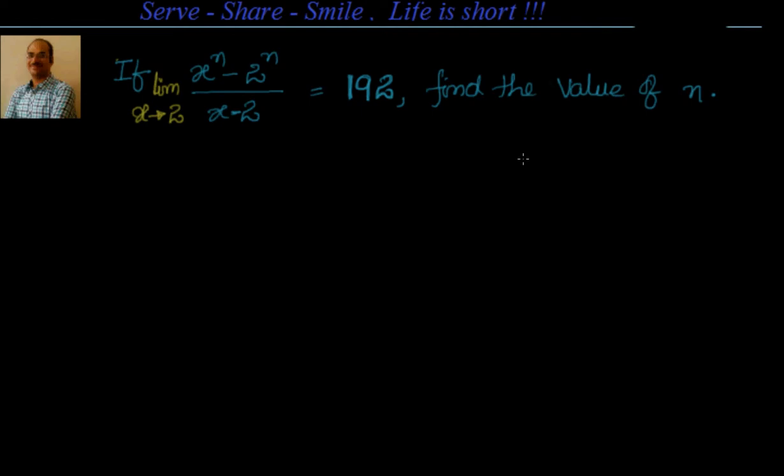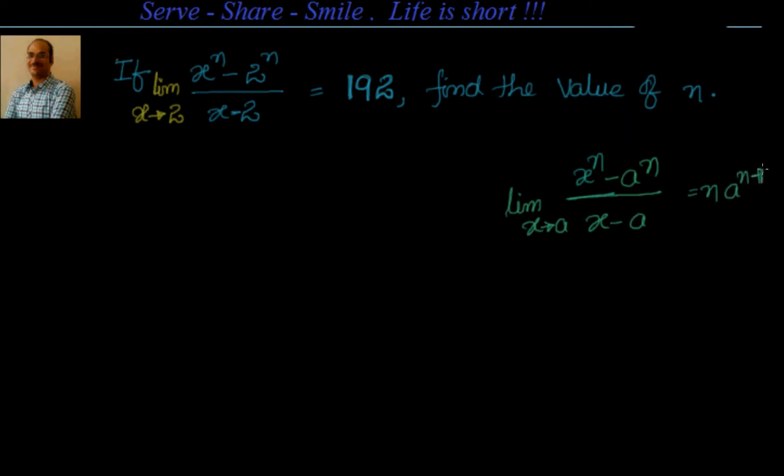So what I will do now is, I know the formula: limit of x to the power of n minus a to the power of n by x minus a, as x tends to a, is nothing but equal to n into a to the power of n minus 1.